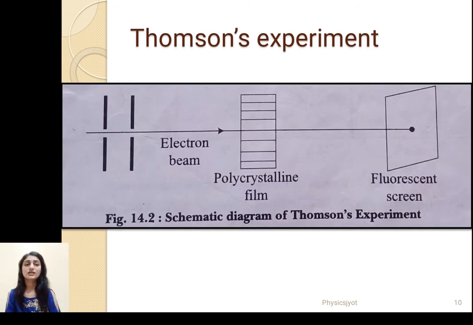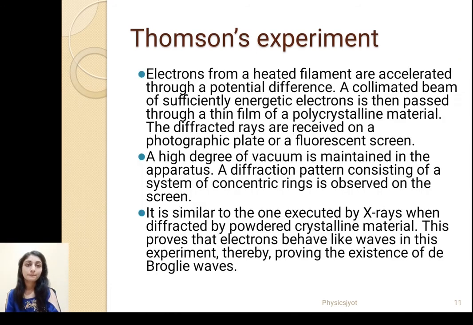This is the experimental arrangement for Thomson's experiment. We have a thin electron beam which is passing through two slits. Then it is made to fall on a polycrystalline material, and on the fluorescent screen we get the diffraction pattern. Electrons from a heated filament are accelerated through a potential difference.